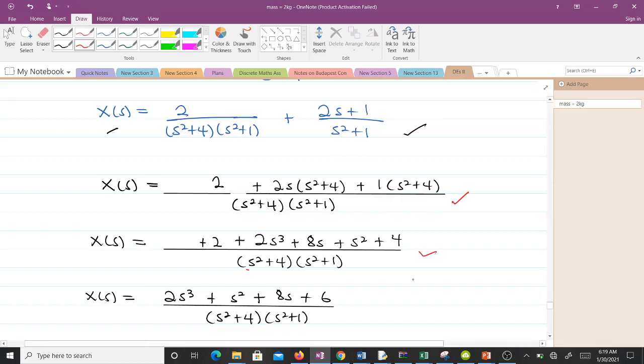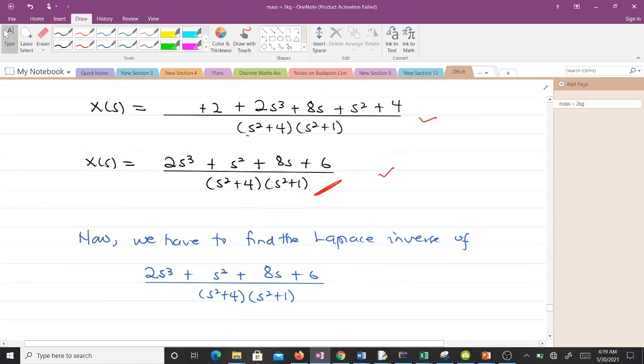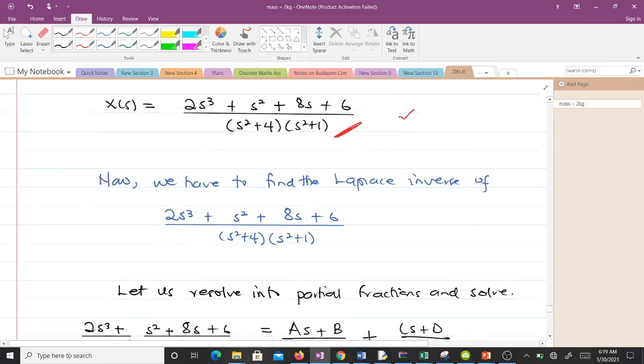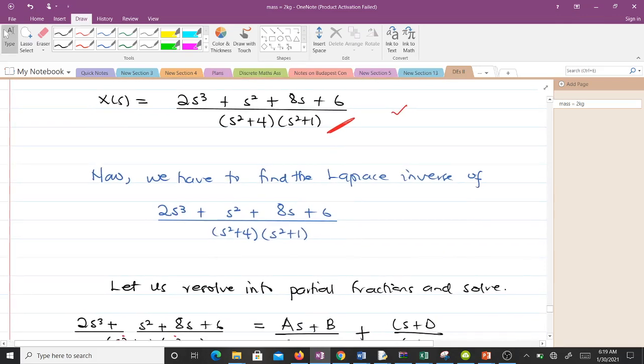I mean, this is just algebraic computation, so you can just look through and do that. And that finally gives us this. So that means when you try to add these two together, you will get this. Okay, so now we have this thing here. So to get the solution to our differential equation, we have to find the Laplace inverse of this.